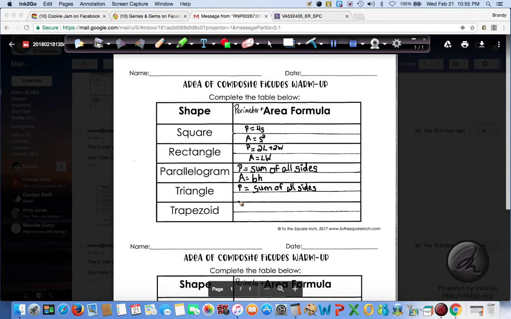Okay, and our area is half. And when you're doing this in your calculator to actually solve problems, you can make that 0.5, but it's half the base times the height.